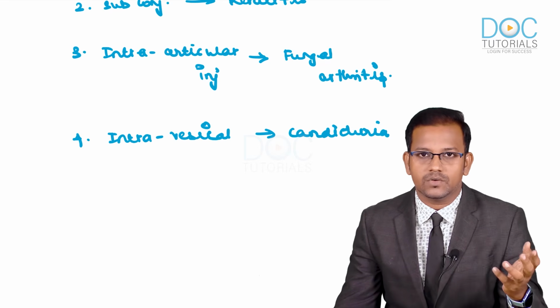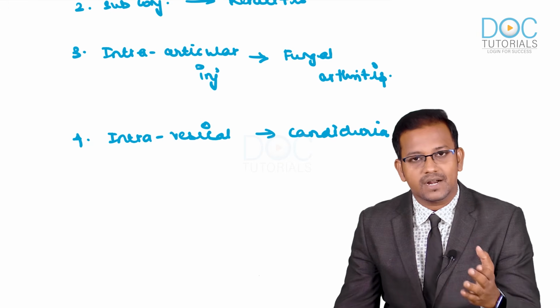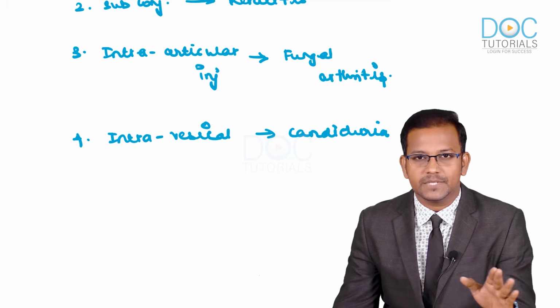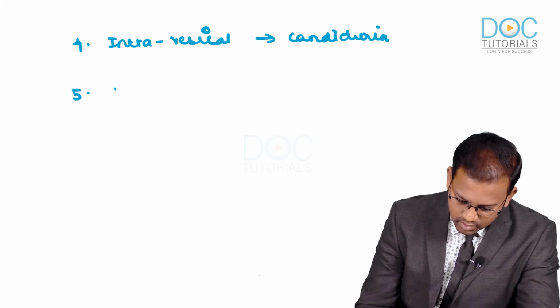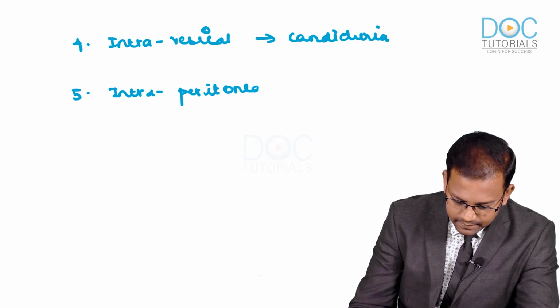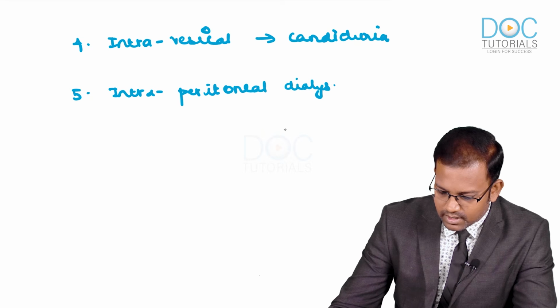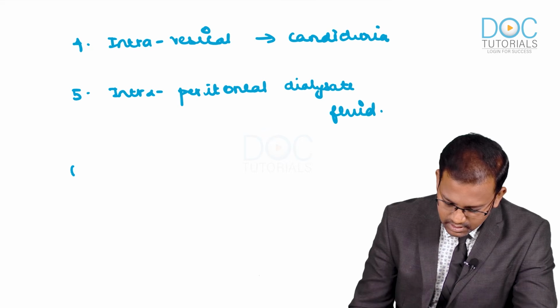Topical routes also tend to produce systemic toxicity, but the intravesical route will not produce that much systemic toxicity. Not only that, it can also be given as intraperitoneal dialysate fluid.